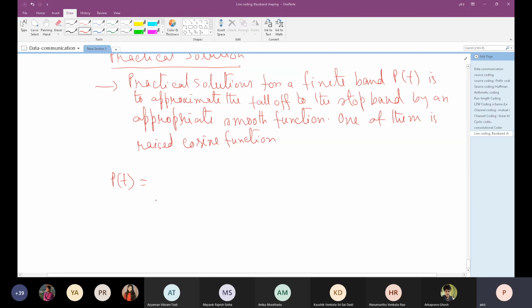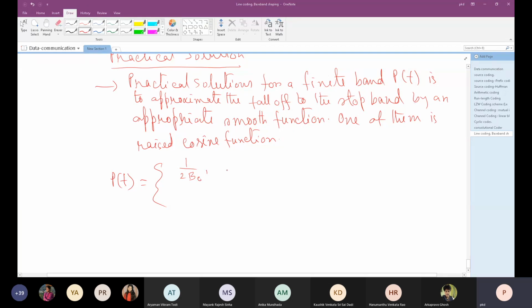Unlike box functions or any other functions where abrupt truncation gives rise to some distribution of the energy over the entire frequency domain, in case of a Gaussian function, the distribution of energy is kind of limited both in time and frequency. So that has also been proposed afterwards, but here we will just see the classical approach, that is the raised cosine function.